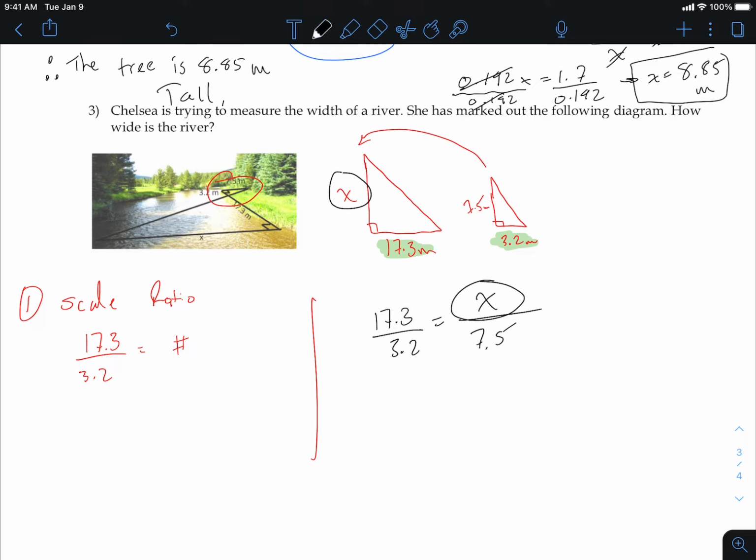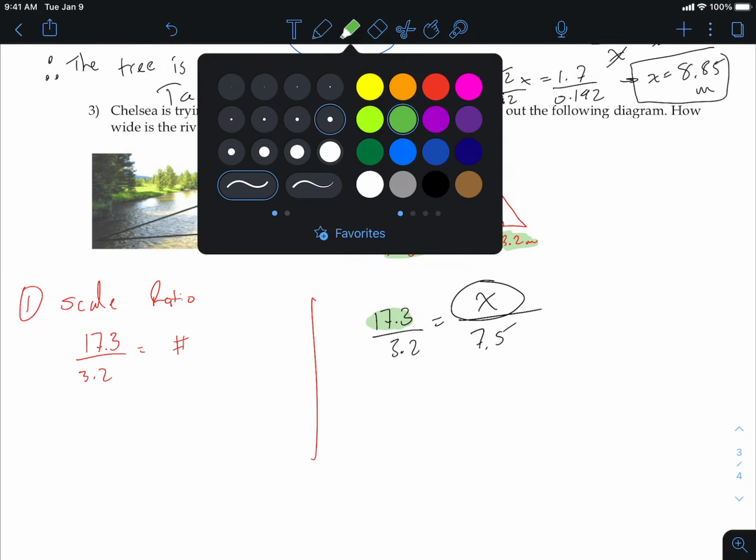And you'll see what I've done is I've put similar side lengths, one on top, one on bottom. Okay, and I always try to match tops and tops and bottoms and bottoms.